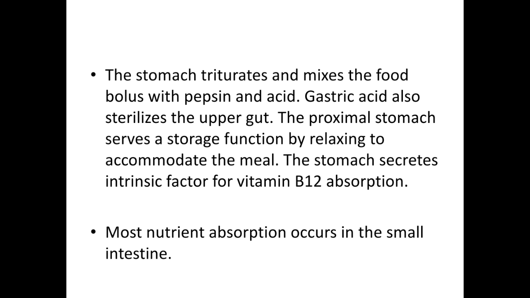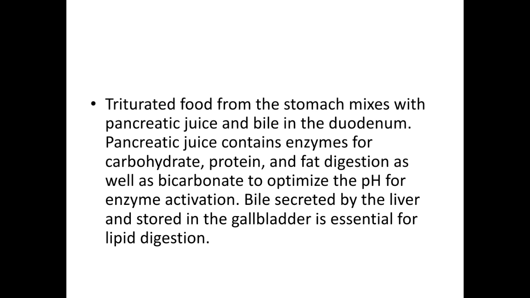Most of the nutrient absorption occurs in the small intestine. The triturated food from the stomach mixes with pancreatic juice and bile in the duodenum. We all know this pancreatic juice contains many enzymes which help in the digestion of carbohydrate, protein, and fat, as well as bicarbonate to optimize the pH for enzyme activation.